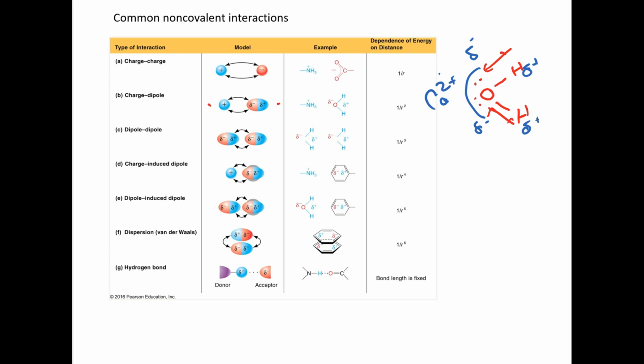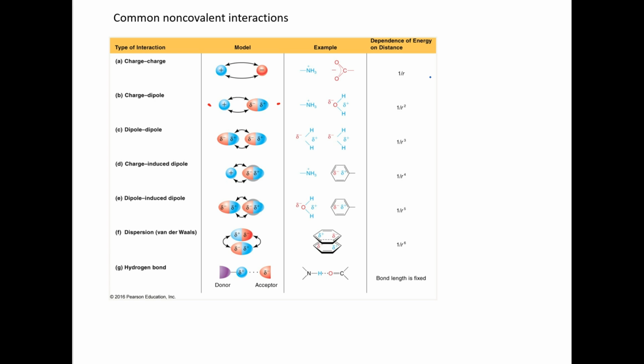Now, another thing we can look at in terms of types of weak interactions, which are actually really important, is the induction of a dipole. This is a scenario in which the presence of a charge next to a structure induces a dipole.